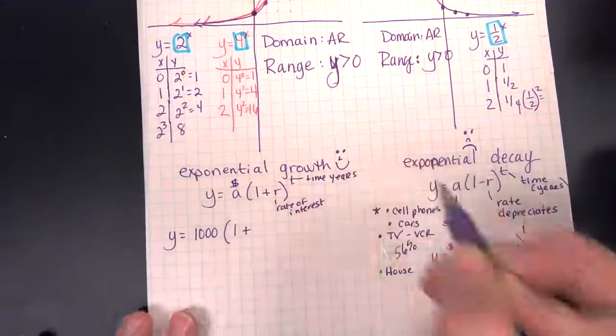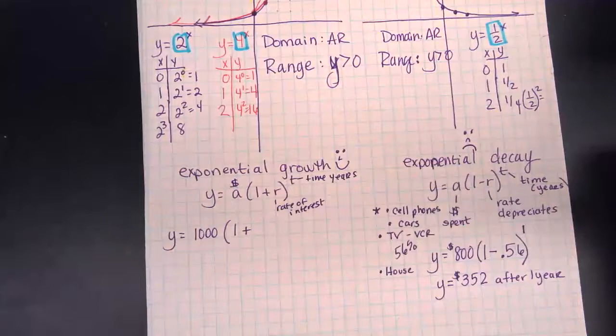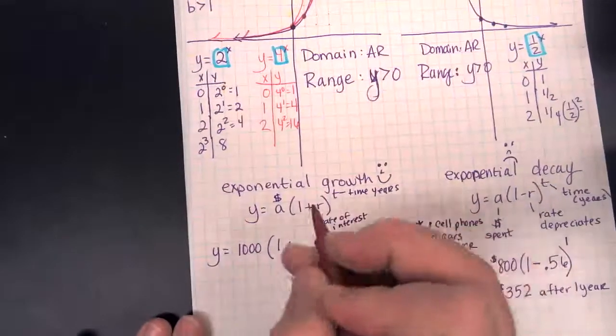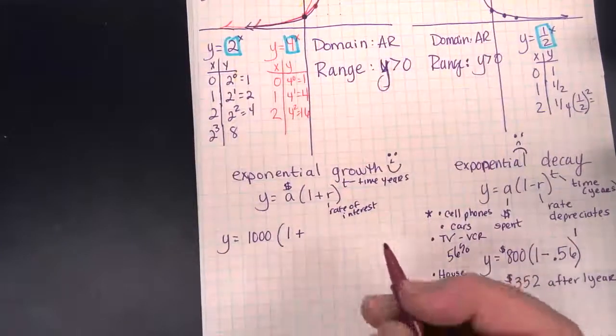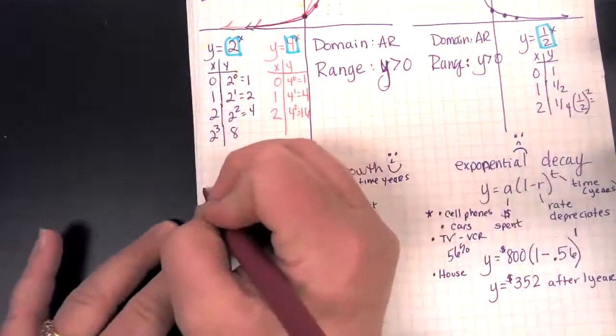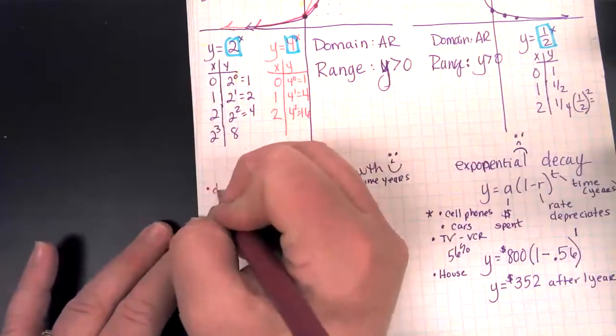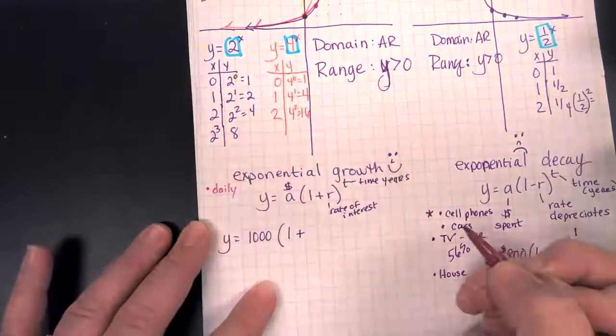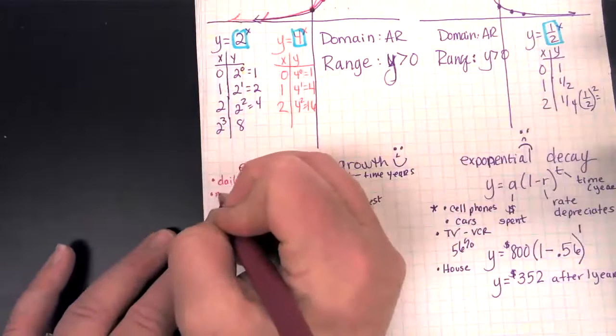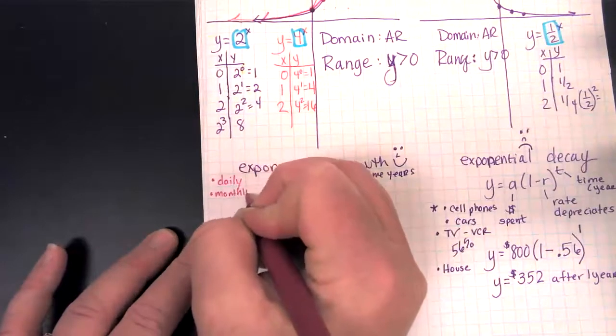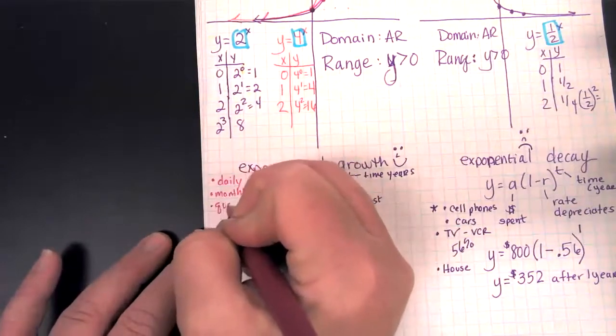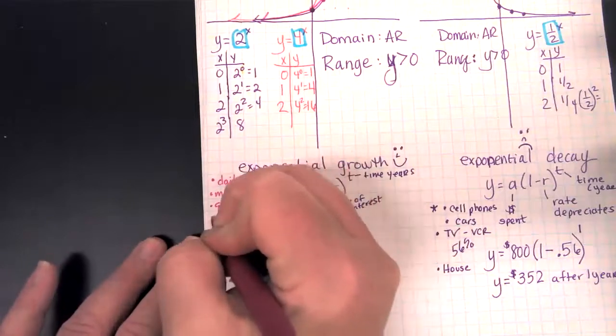But there's something else that we need to talk about with this. I'm going to put this off to the side. We also tend to calculate interest in some different periods of time. It can be daily, it can be monthly, it can be quarterly, or it can be yearly.